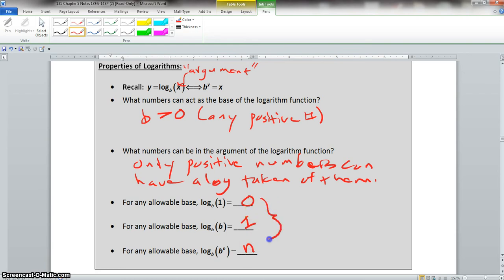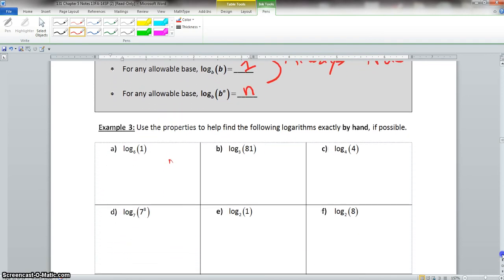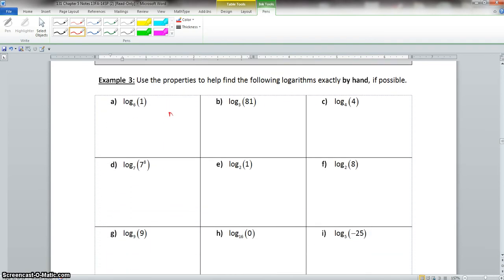Now, as long as you're using a proper base or allowable base, these statements are always true. Remember that base must be an allowable base. Now we go here to example 3. It says use the properties to help find the following logarithms exactly by hand, if possible.